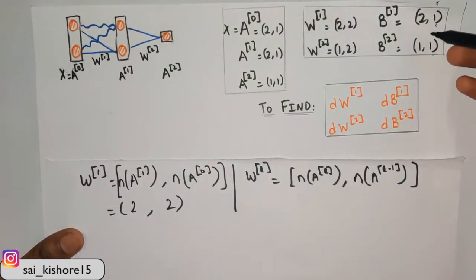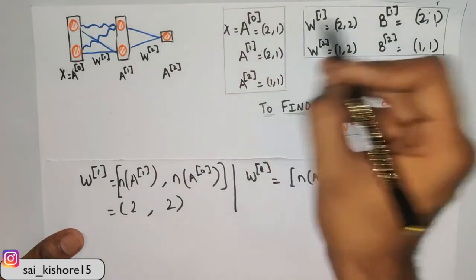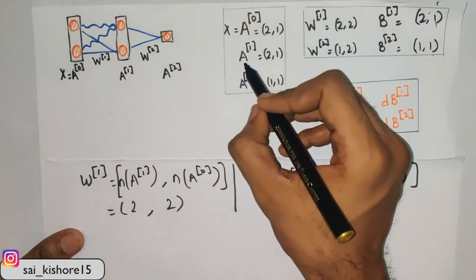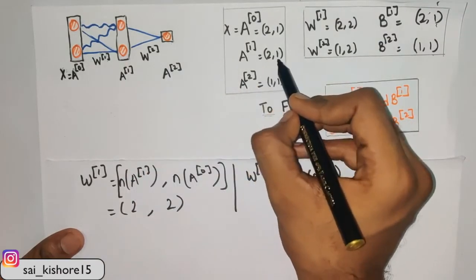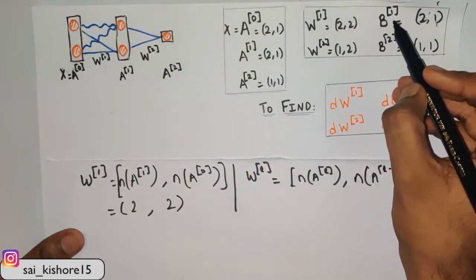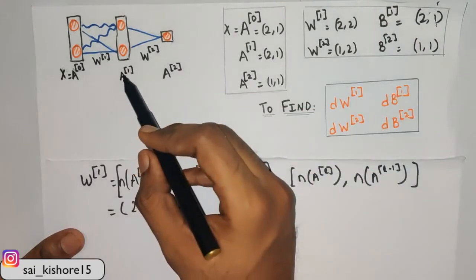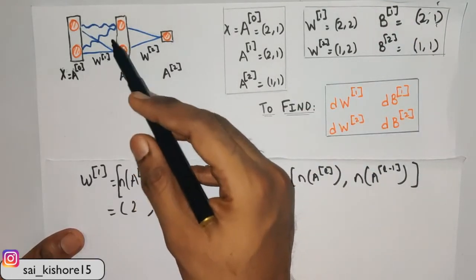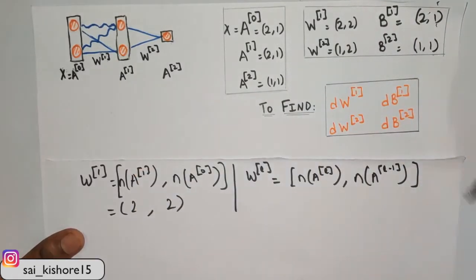Now we have B1 and B2. B is nothing but bias. So bias follows the same convention as A1 and A2, and they have similar shapes as A1 and A2. So if you look at A1, we have 2, 1. So B of 1, which means bias to this layer, is of the same shape.